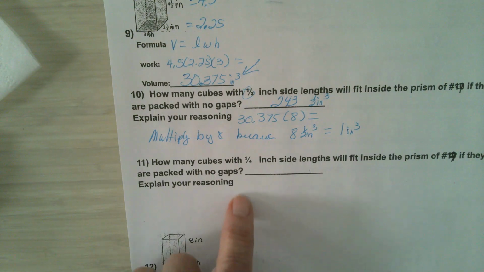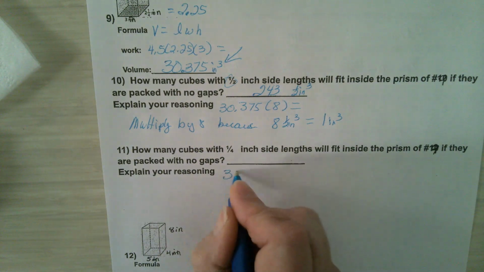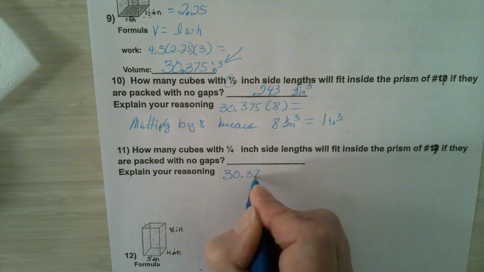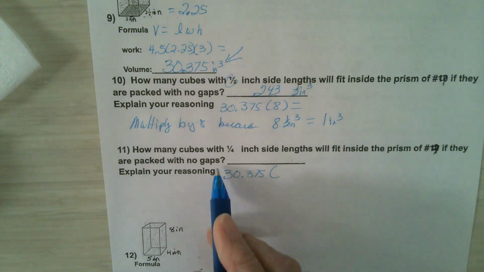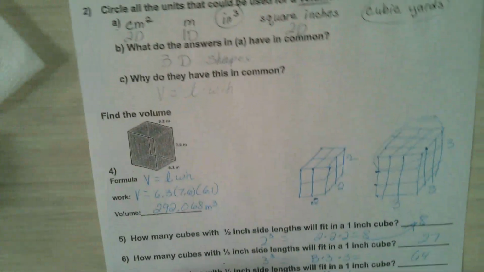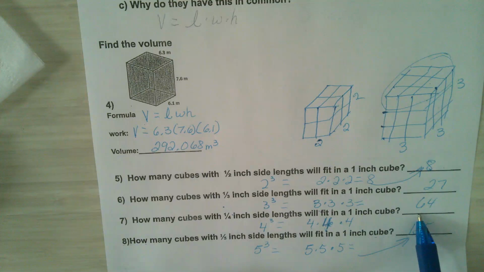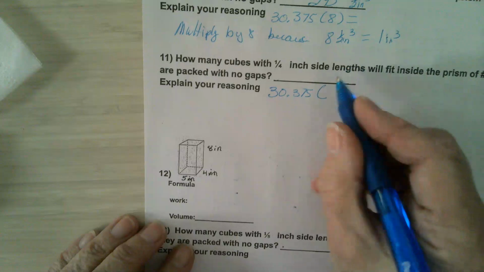Now, this time, they want 1/4 of an inch. I'm going to multiply 30.375 times, turn your paper over. How many 1/4 inch cubes are in it? 1/4 inch cubes. How many 1/4 inch cubes are in this? What does it say? 64.